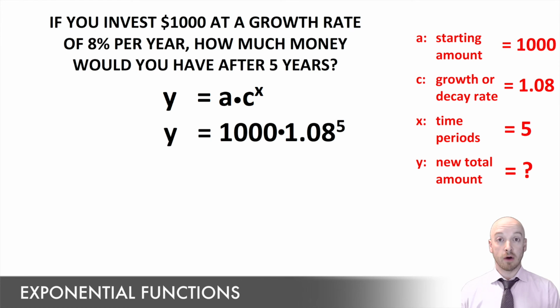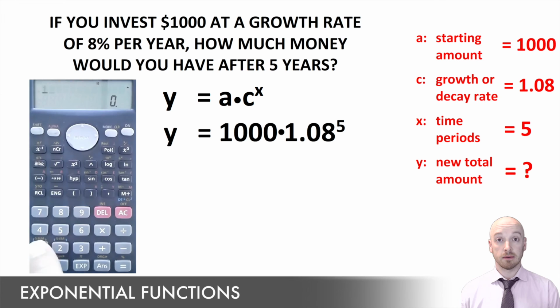Now watch the order of operations here. I have to do exponents before I can multiply. So what I need to do is 1.08 to the power of 5, press equals, and then multiply that by 1,000. Now watch how that's done on a couple of different calculators to make sure you understand how to do it on yours.